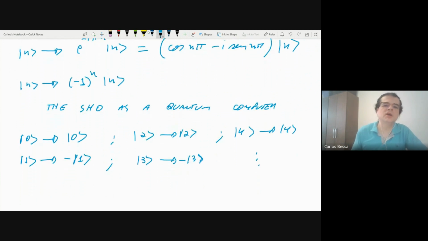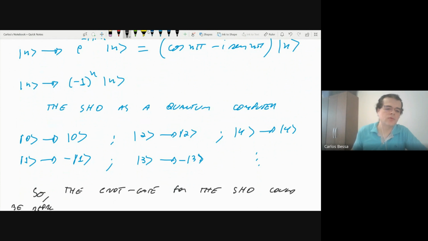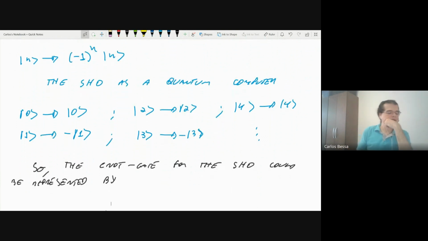So the idea for the C0 gate will be to use this. The C0 gate for this simple harmonic oscillator would be represented by, so the idea, we know that C0, this is for the logic, C0 applied to the logic states, we know it doesn't change.